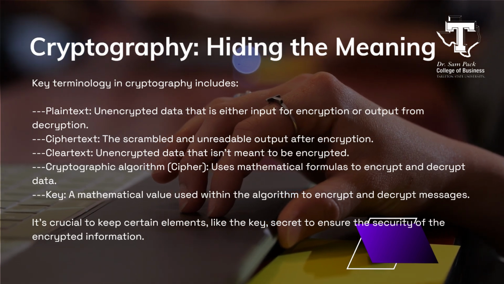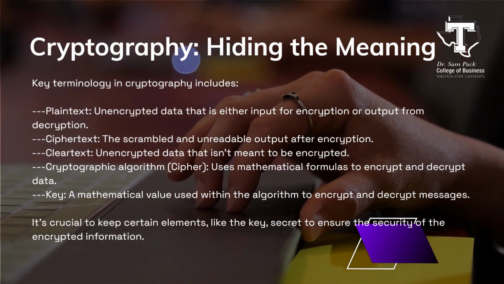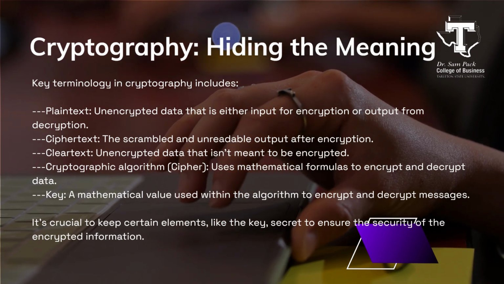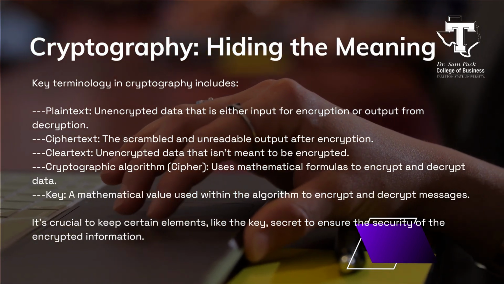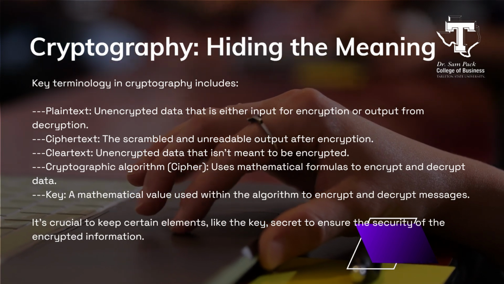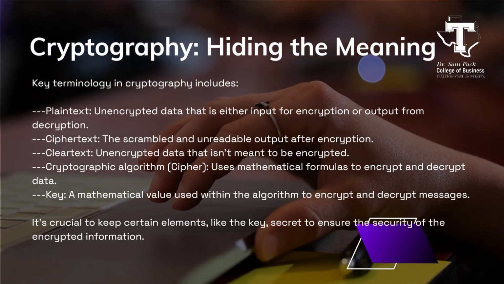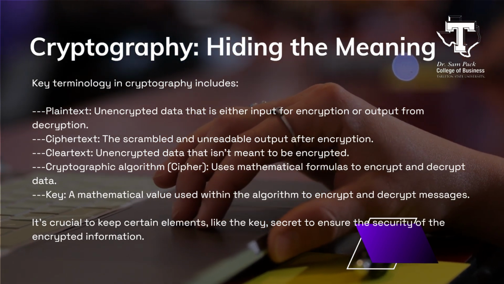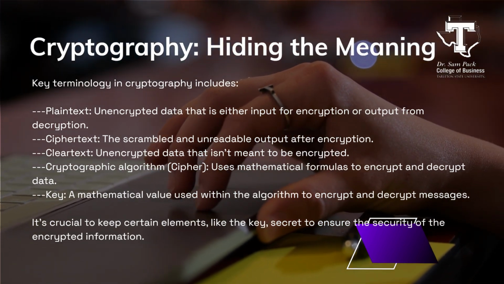To make the data readable again, we use decryption, kind of like decoding a secret message. A key part of this process is the key, which controls how the encryption and decryption occur. Without the right key, the data stays locked and secure. So, cryptography isn't just for tech experts. It protects our everyday digital activities, ensuring our private information stays just that, private.